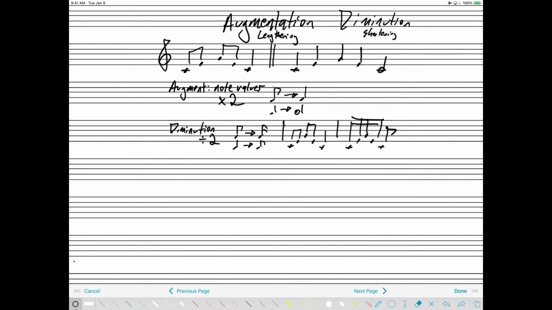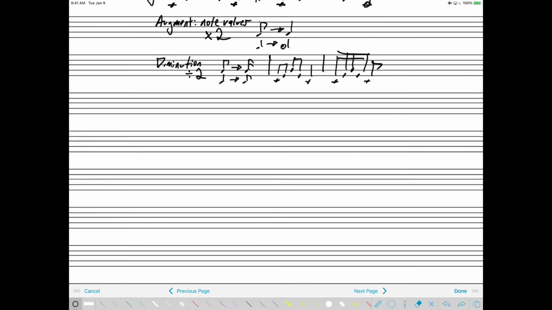The next few developmental techniques all have something to do with changing the number of notes that are already present in the motive. These include addition and deletion, as well as fragmentation and ornamentation.